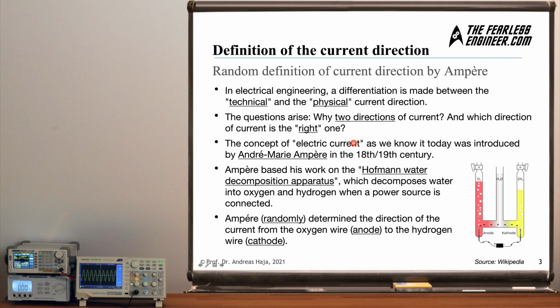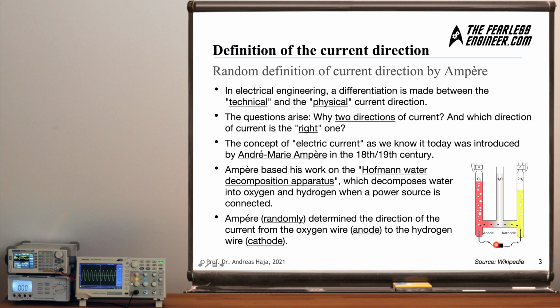This concept of electric current as we know it today, the movement of charges per time, was first introduced by André-Marie Ampère, a very famous French physicist in the 18th, 19th century. He conducted a large number of experiments involving electricity, and one of his works involved this Hoffmann water decomposition apparatus, which you can see on the right hand side here, whose job was to separate water, H2O, into oxygen and hydrogen when a power source is connected to it.